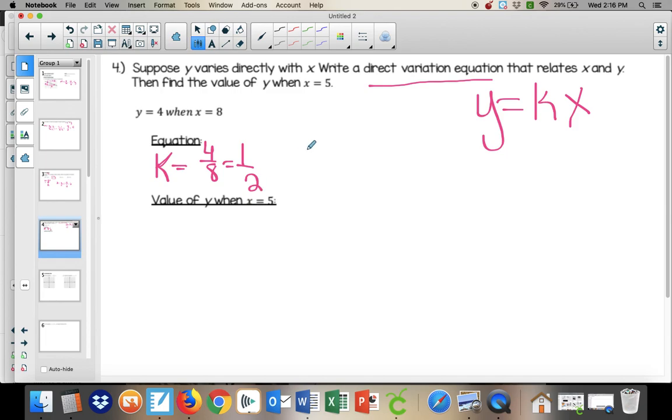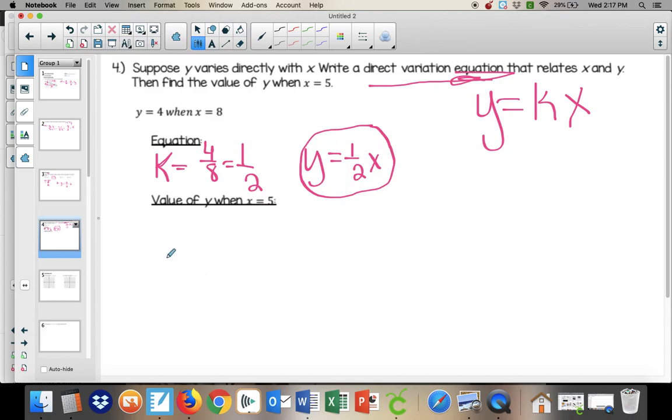But the answer that we are looking for is that equation, y equals 1/2 x. So that is my answer for the first one. If you have just k equals a half, you don't get the credit. The equation, it literally says equation, is what we're looking for. Half is just giving me what that constant is.